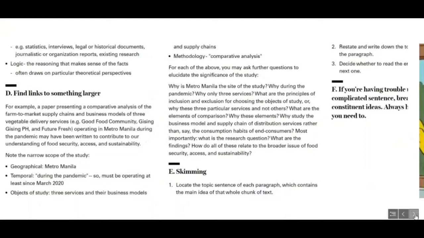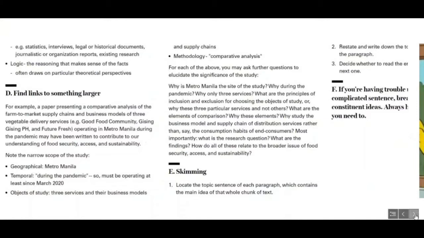Objects of study include, for example, textual materials. Let's say I want to talk about the politics of political campaigns. I want to look at the formation of collective identities during the presidential campaigns for the 2022 elections.